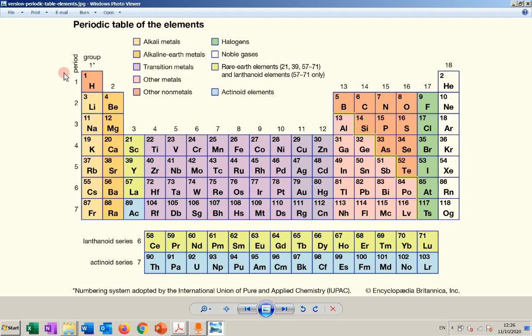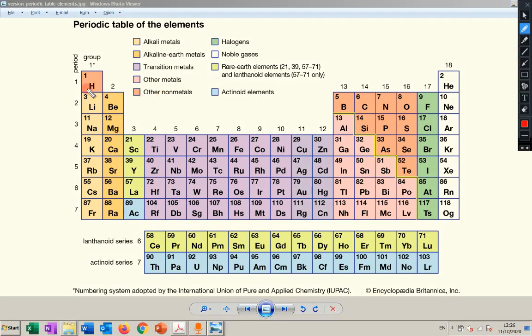Let's just review them. We have rows, or periods, we call them 1, 2, 3, 4, 5, 6, 7, and this for us basically is the shell level. So level 1, level 2, level 3, level 4, level 5, 6, and 7. Those two are within 6 and 7, somewhere here, that's why they call them 7 and 6 as well.